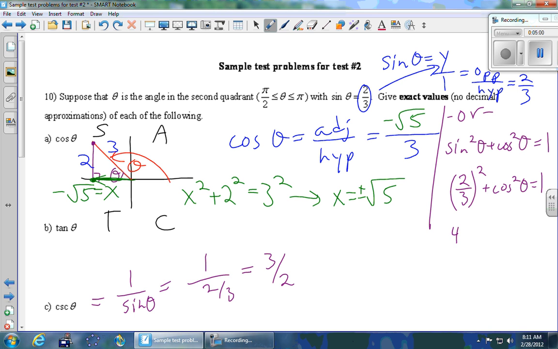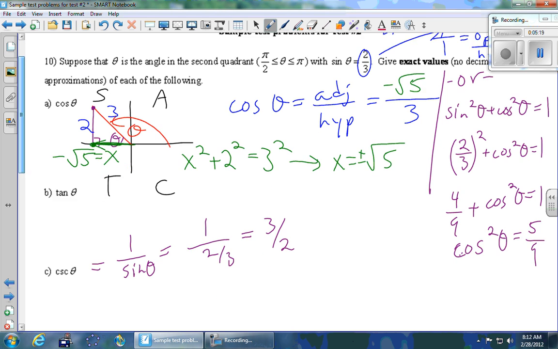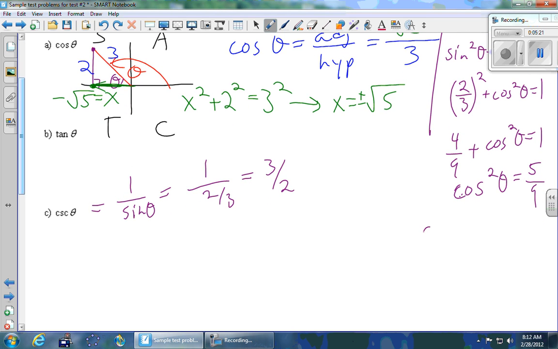2/3 squared is 4/9. So 4/9 plus cosine squared is 1. Cosine squared, we'll subtract the 4/9 from both sides, and we get 5/9. And then solving for cosine, you take the square root of both sides. And we get cosine theta equals, so the square root of 5/9 is the same as the square root of 5 over 3.